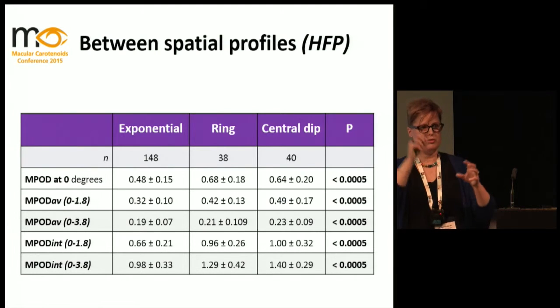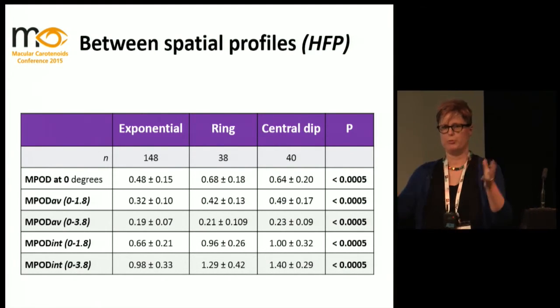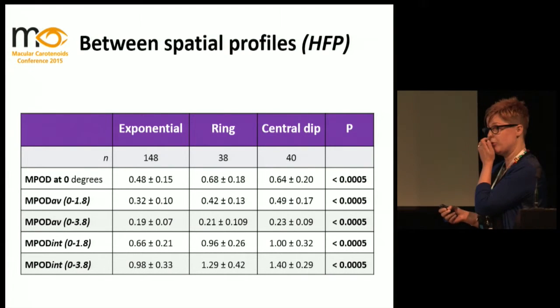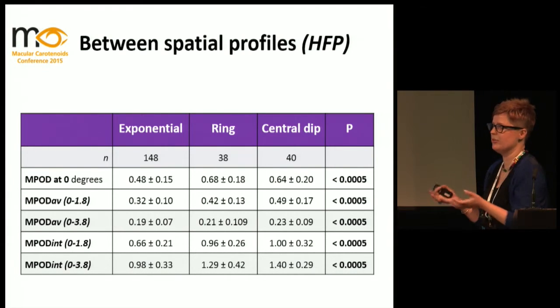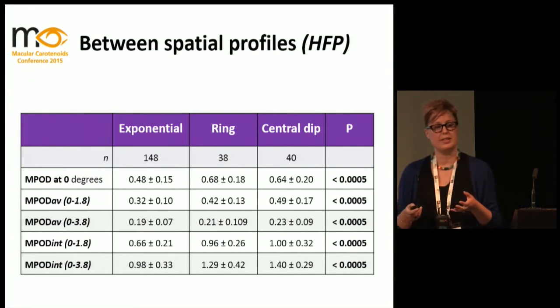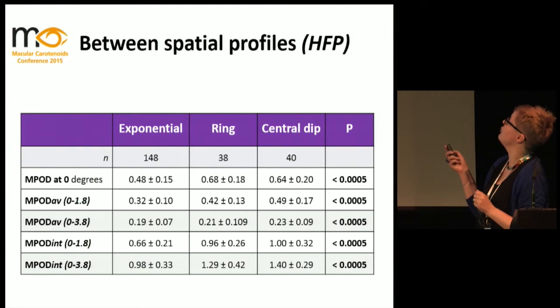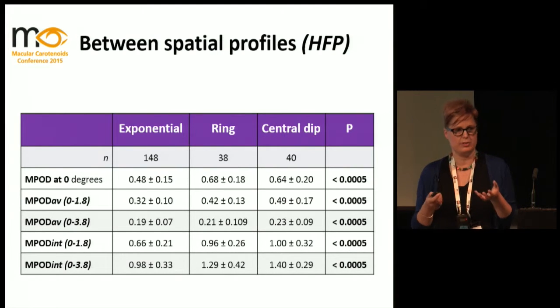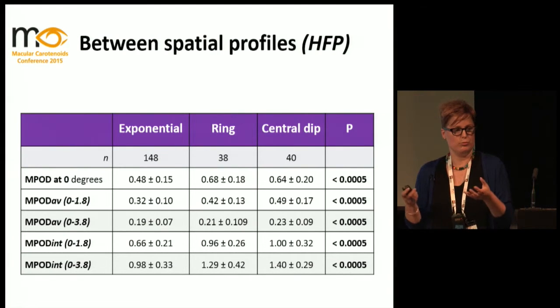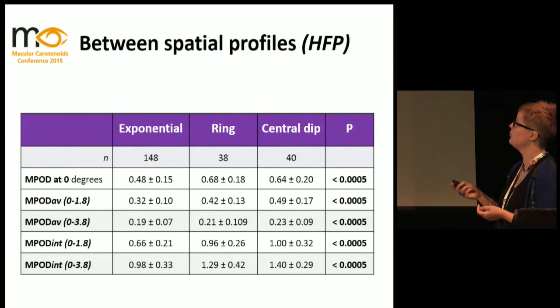Now let's have a look at those individual parameters and how those reflect the spatial profile, especially because spatial profiling is, as I mentioned before, maybe not the way forward if we're looking at these FAF images. So what we've done is we included 226 patients, and they're all healthy and young, and we used HFP, and because we used HFP, we felt it was appropriate to do the spatial profiling the way that we did it before, so this is the objective spatial profiling.